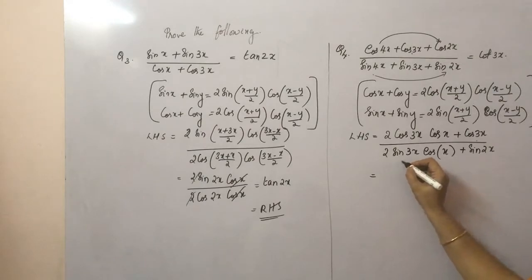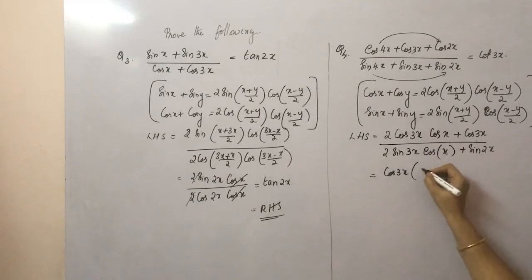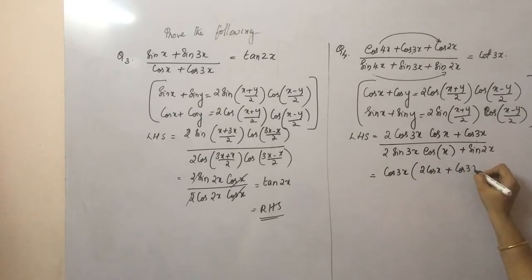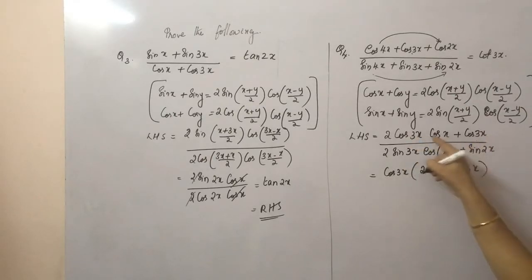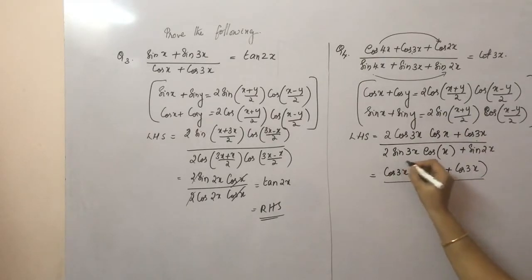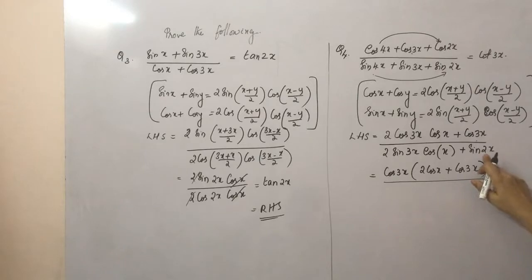This gives me, I may take something that is common out, that is cos 3x into 2 cos x plus cos 3x. When cos 3x is taken out from both these terms, I get cos 3x into 2 cos x plus 1, divided by, from these two terms again I will take what? Sin 3x. Now here this is sin 2x here.